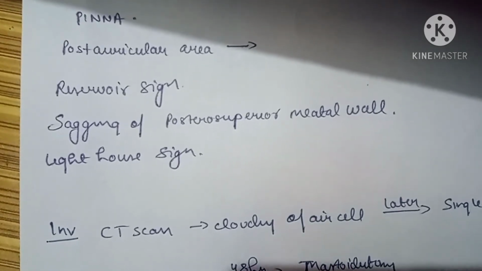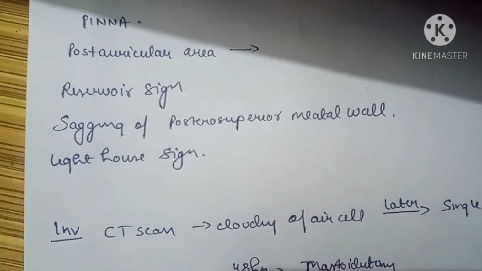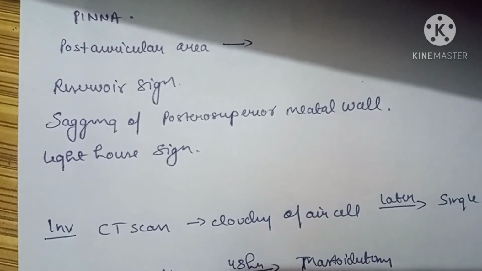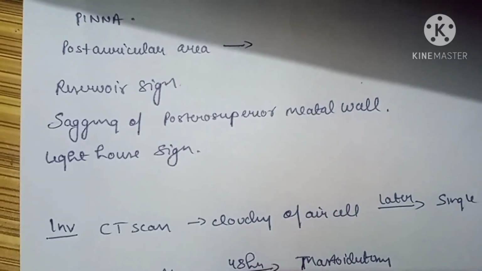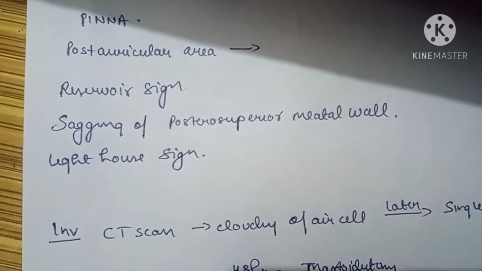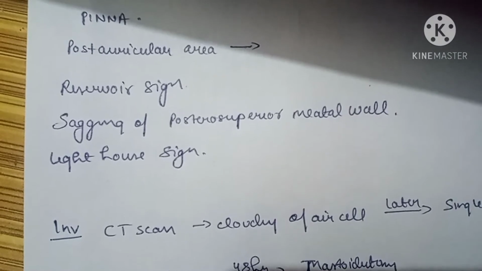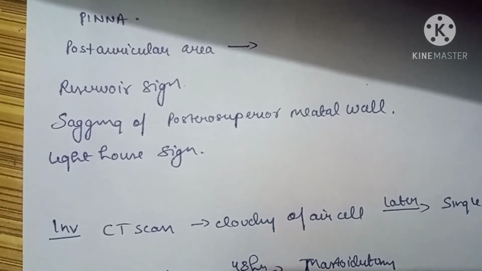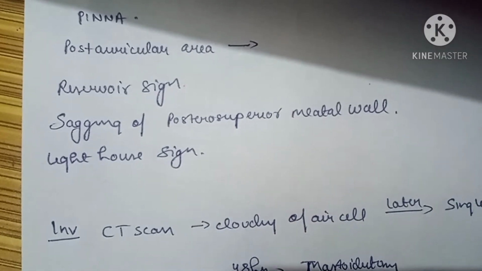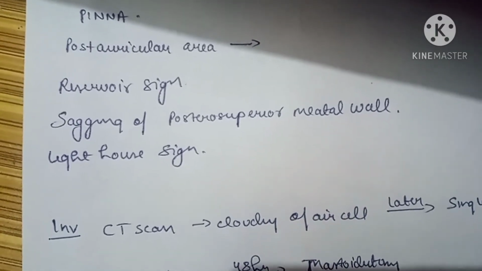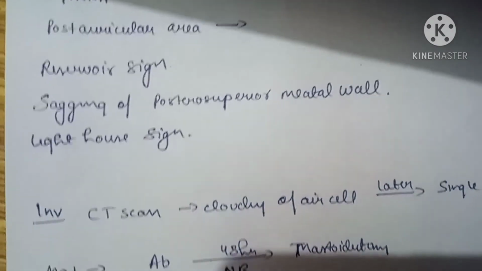So when there is inflammation of the mastoid pushing the wall of the mastoid forward, the deep part of the external auditory canal posterior wall is also pulled forward, because it is the common wall for the mastoid. Also the lighthouse sign can be seen, as it is a feature of ASOM.